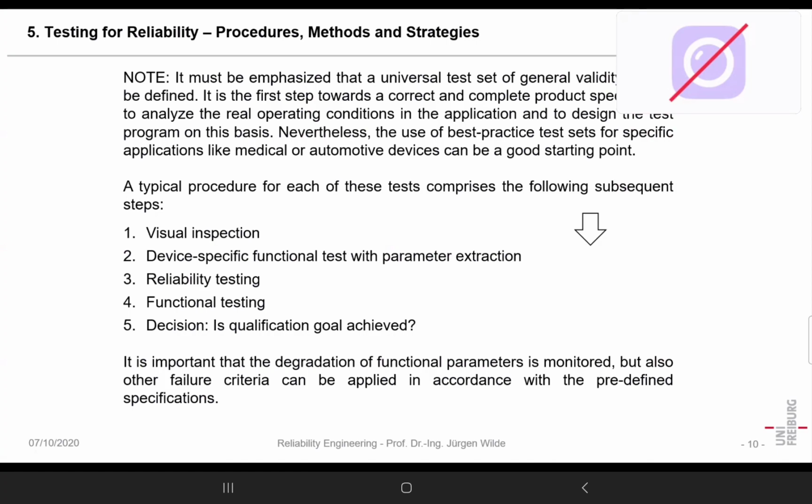If it looks degraded, or if it has cracks on the outside or so, of course it is also considered a failure, even if it's still functional and still within the limits of the functional parameters. So that's important: when is it failed? I once did consulting for a company, and this company was building the electronics for an anti-brake locking system for motorcycles.